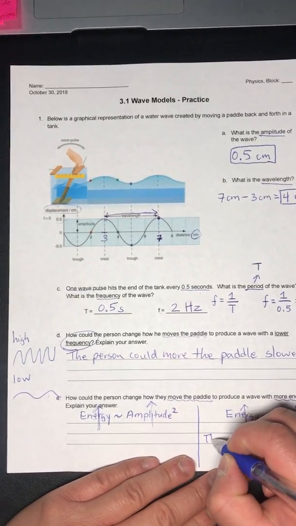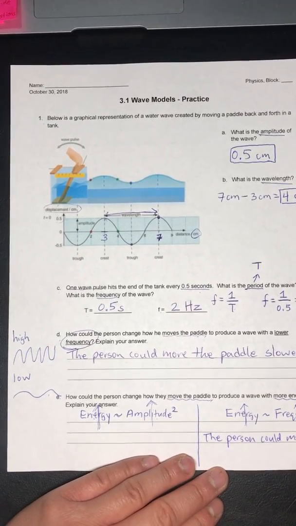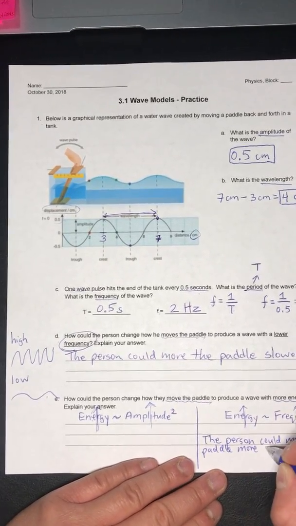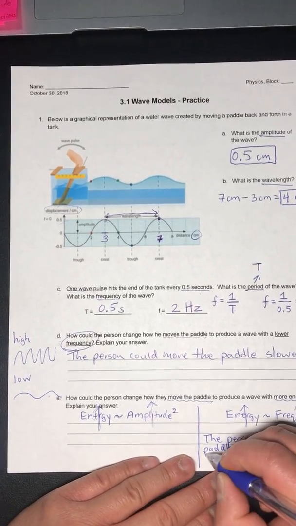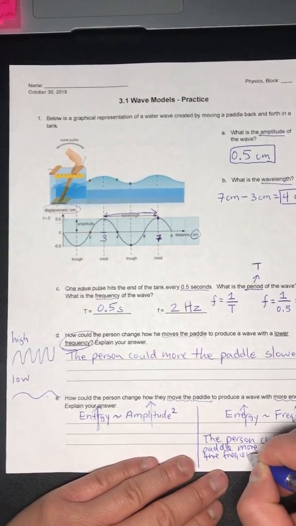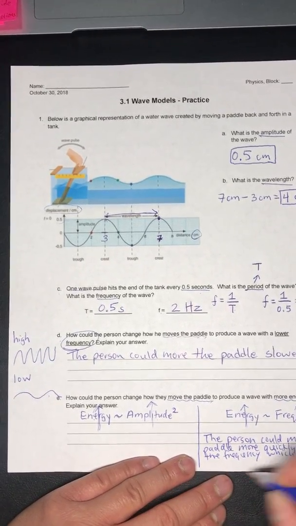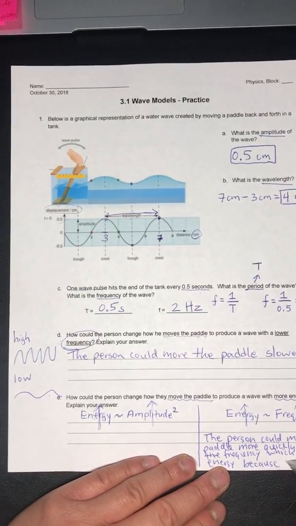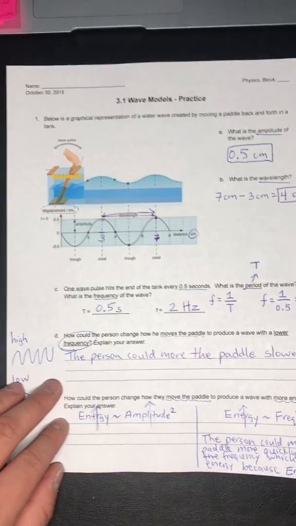So you can say the person could move the paddle more quickly, increasing the frequency, which increases energy. Because, and then you write the relationship, energy is proportional to, which is the squiggle, frequency. All right, moving on.